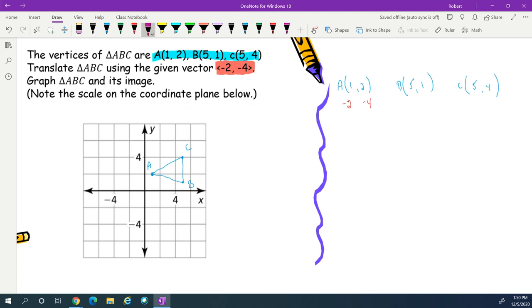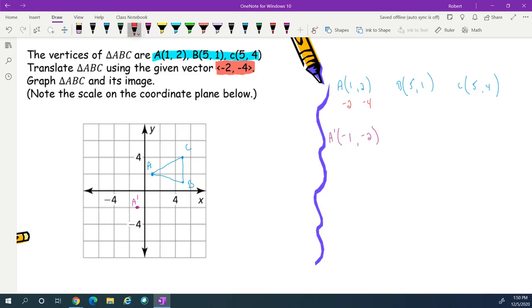Well, that's going to give us A prime. 1 minus 2 is -1, and 2 minus 4 is -2. So A prime is at -1, -2. And we label it A prime.